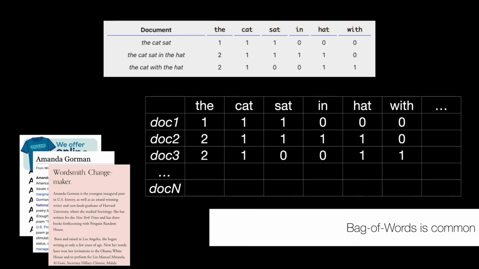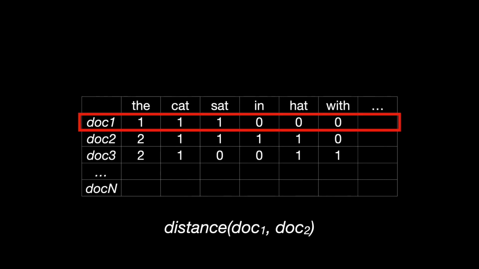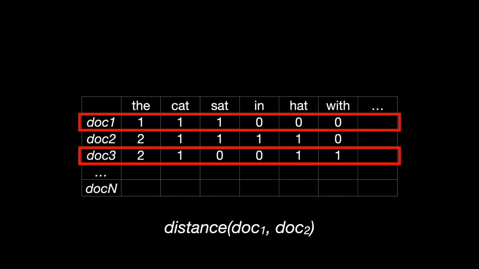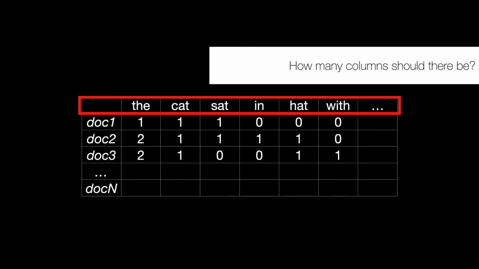So like I said, this is called the bag of words approach, and is extremely common in natural language processing. And then all we have to do to evaluate distance between two documents is say, well, we have this vector here of the number of times these different words occurred, and this vector here of the number of times these words occurred in this other document, and we can apply any distance metric that we want. But a difficulty comes from needing to understand how many columns we might possibly have.